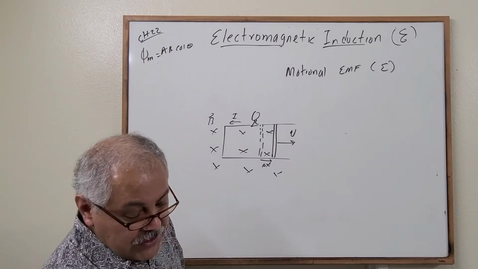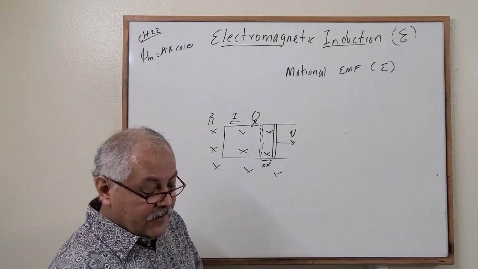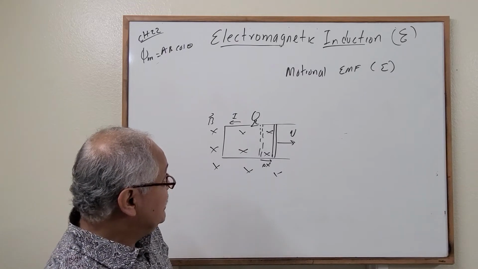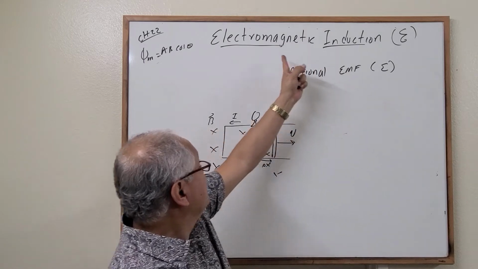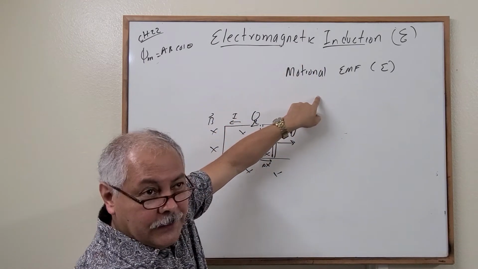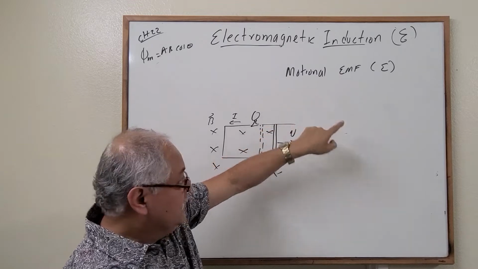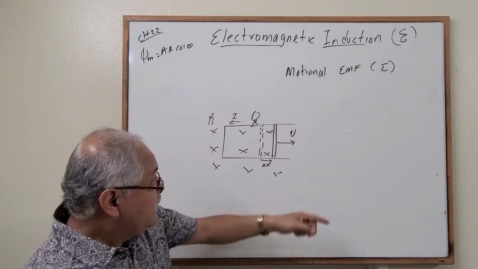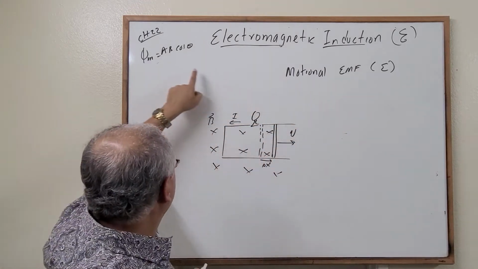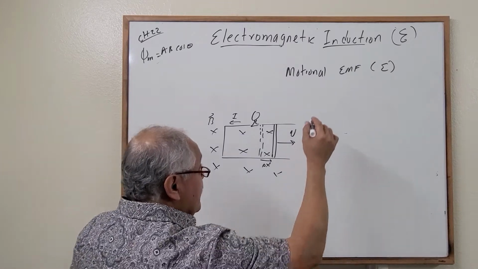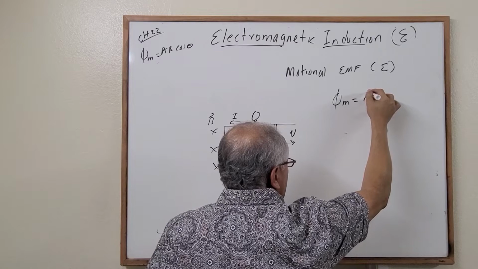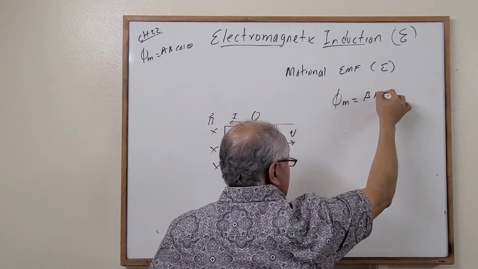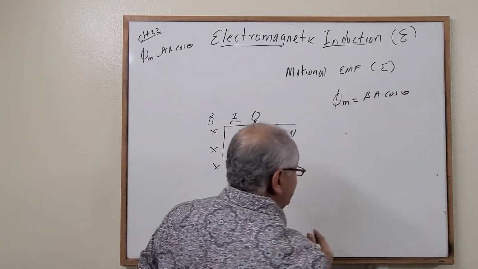What should be the change in the magnetic flux, right? Because we mentioned that magnetic flux is equal to magnetic field times area times cosine theta.